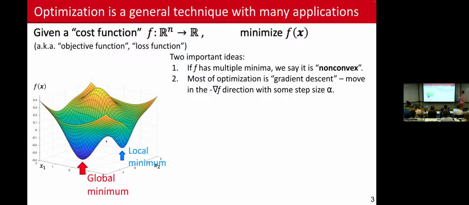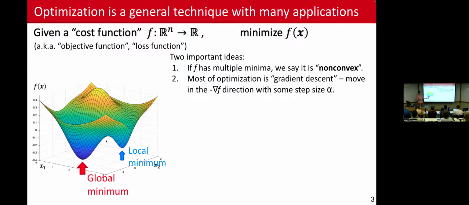It has multiple minima. And then secondly, most of optimization is a souped up form of gradient descent. You start somewhere on this landscape. You compute the gradient, and you go in the minus that direction with some step size. So let's say I start over here, I compute the gradient, which points that way, I go minus this way, and I keep taking these little steps until I arrive down at a minimum.